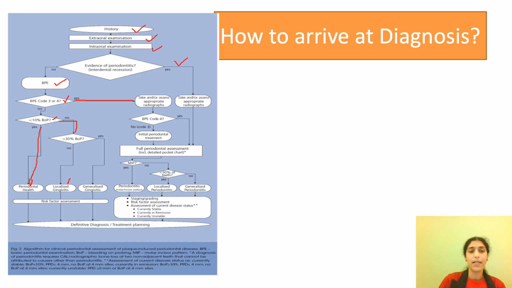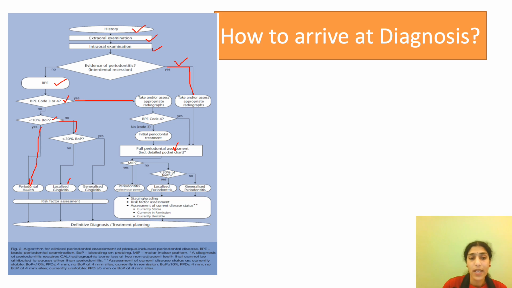Now, if you are suspecting periodontitis, or even if BPE scores of 3 or 4 are present, ultimately what are you supposed to do? You can take appropriate radiographs, and if there is a BPE score of 4, you can do initial periodontal treatment of scaling and prophylaxis, and then do a full mouth periodontal charting. You may take radiographs before or after.